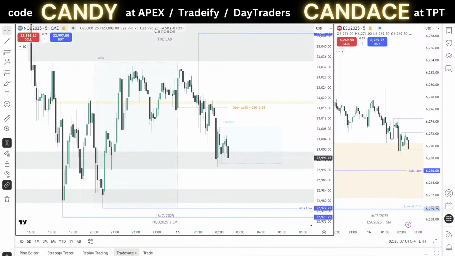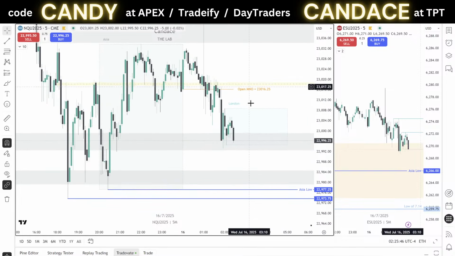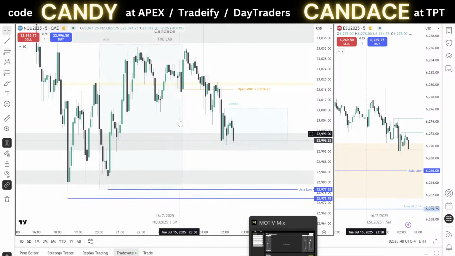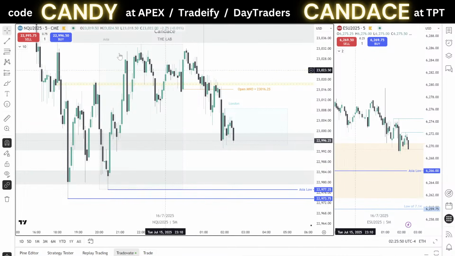Asia lows in the pay. I think so too. If you're trading eval, you can try this trade, because for a funded account, I think it's not good to try this trade.